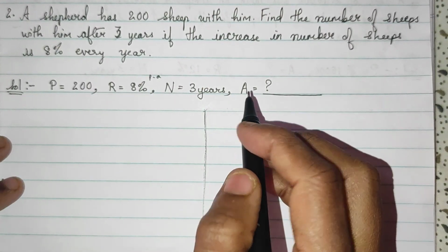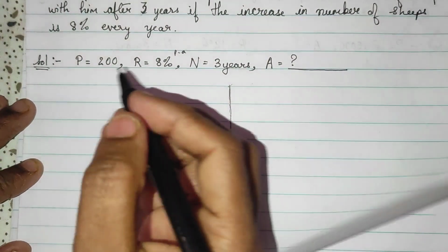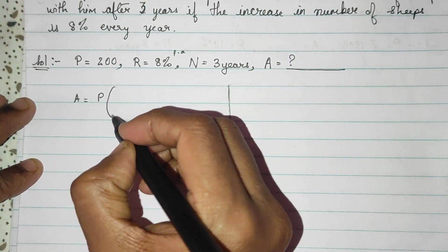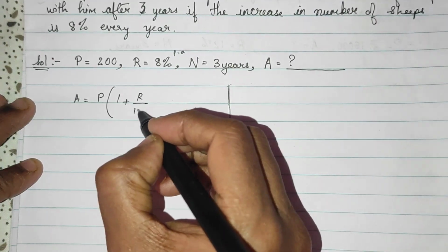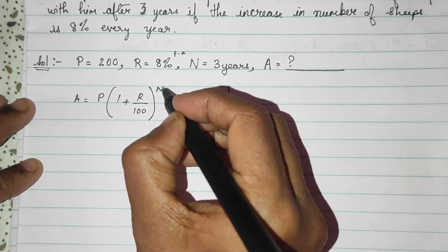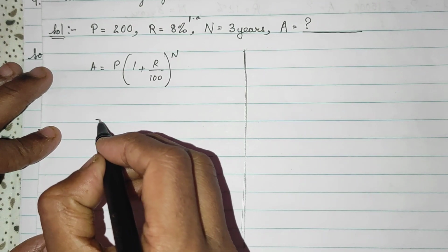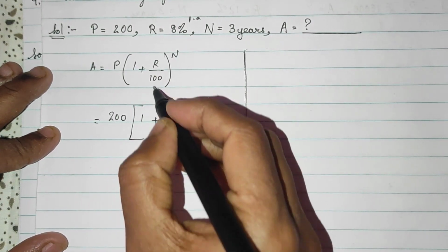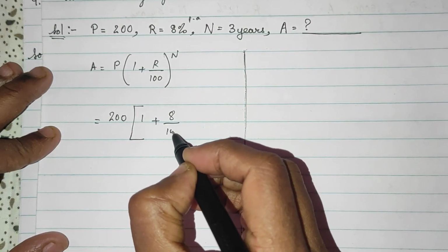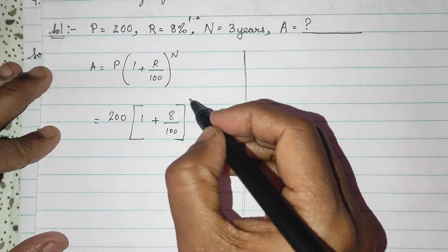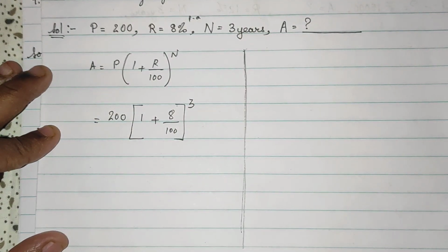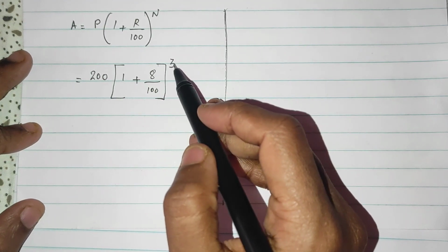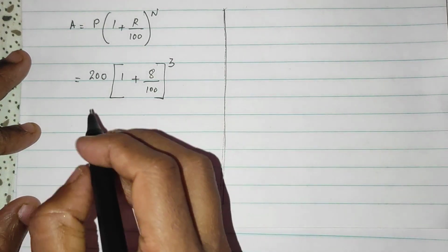So to find out the amount we use the formula: amount equals principal into (1 plus rate upon 100) raised to n. So principal is what? 200. 1 plus r is how much? 8 upon 100, and n is what? 3.